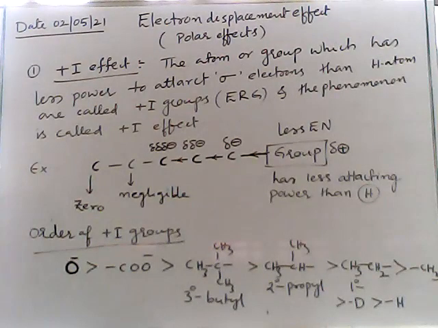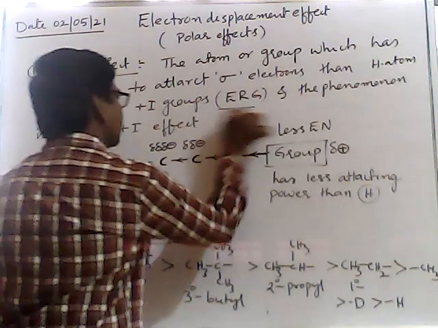One more time I am giving here: O minus, then COO minus, and tertiary butyl group, then secondary propyl group, then primary, otherwise ethyl group, then methyl group, then deuterium, D means deuterium, and next one is hydrogen. So all these are electron releasing groups, otherwise plus I groups.